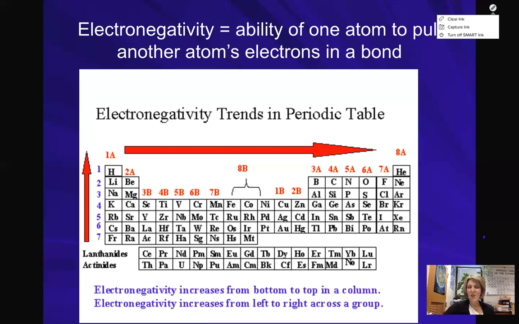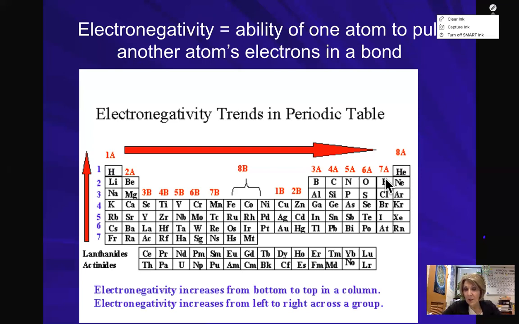Okay. So again, this is going to set up bonding. All right. So let's say the two F's get together. Let's say fluorine and francium get together. Well, those are two opposites, right? So francium, big fat francium, can barely hold on to its own electrons. Fluorine, super small, pulling on its own electrons, really has a strong electronegativity, is going to start pulling on yours. What do both of them want? They both want the same thing. They want 8 valence electrons, but they're going to get it in 2 different ways.